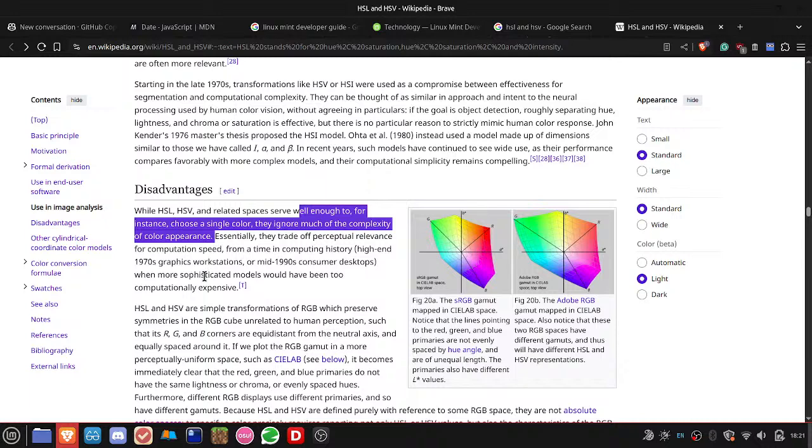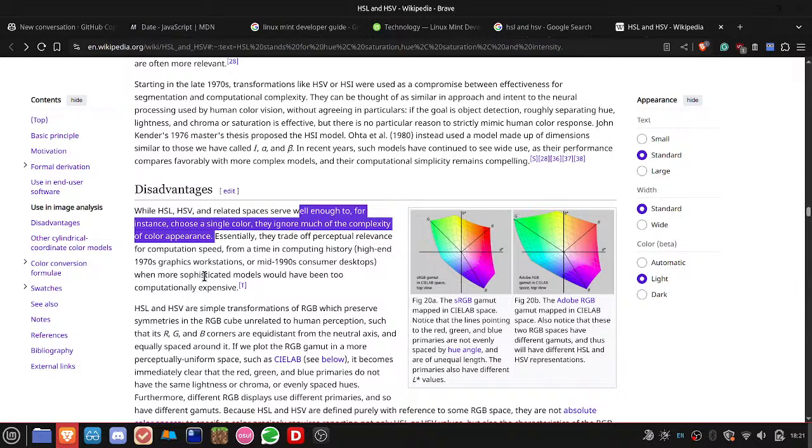Yes. While HSL, HSV and related spaces serve well enough to, for instance, choose a single color, they ignore much of the complexity of color appearance. Essentially, they trade perceptual relevance for computation speed. From a time of computing history, like 1970s graphics workstations or mid 1990s computer desktops, sophisticated models would have been too computationally expensive.